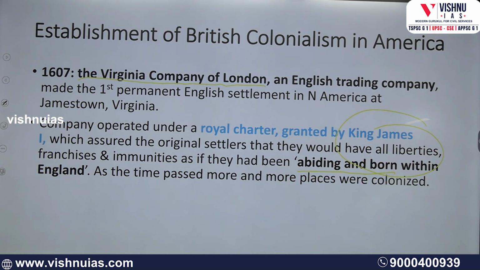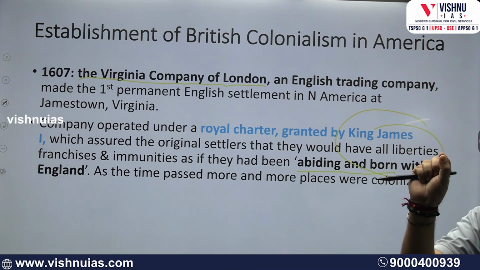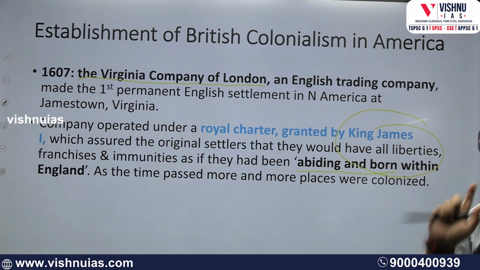Try to understand what they are saying. What I am trying to say is that the relation between British and American colonies in the beginning was very good. Everything deteriorated after a particular point, that is 1763. I'll tell you how.